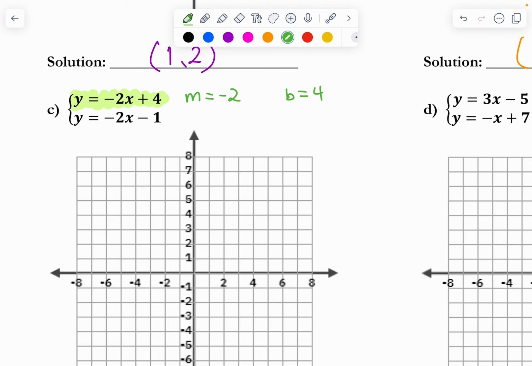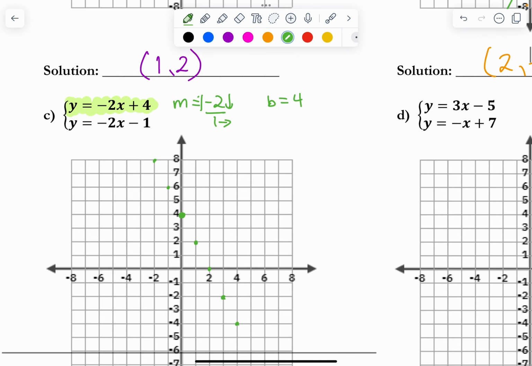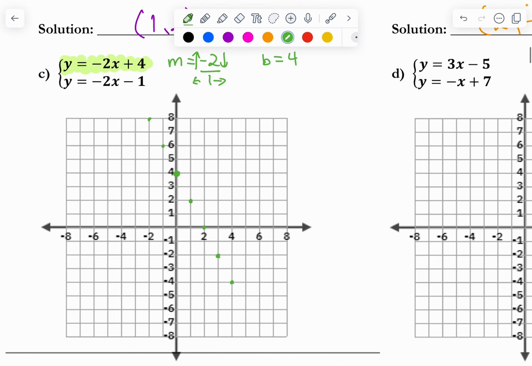So remember that when we graph a line, our B is generally our starting point, right? We put a point at 4 in this case. And then from there, we take 2 steps down, 1 to the right. Our B, our 4, was our starting point. From there, we can take 2 steps down, 1 to the right, and we can keep going this way for an infinite amount of time, right? Or we can go the other direction too, up and to the left, if we really wanted to.